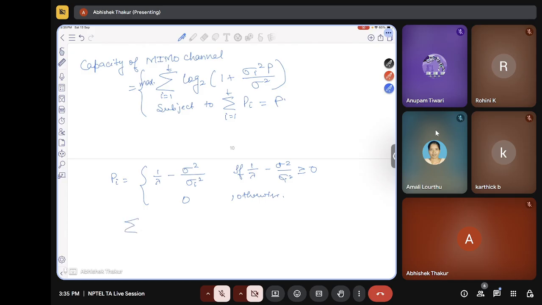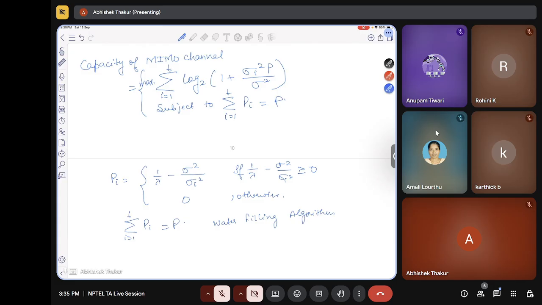Also, the summation of each power, the total power, is P. And this optimal algorithm to achieve the maximum capacity of this MIMO system is termed the water filling algorithm. So now we can solve the question which is asked using these formulas.